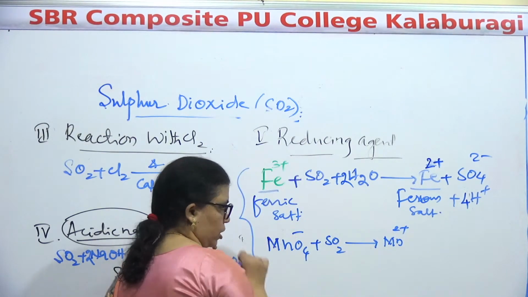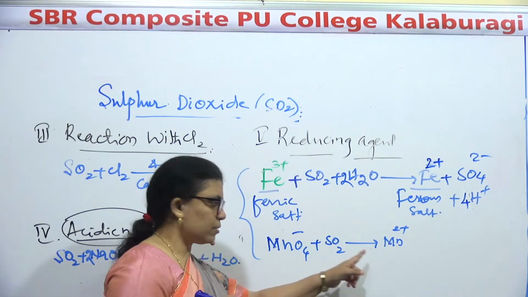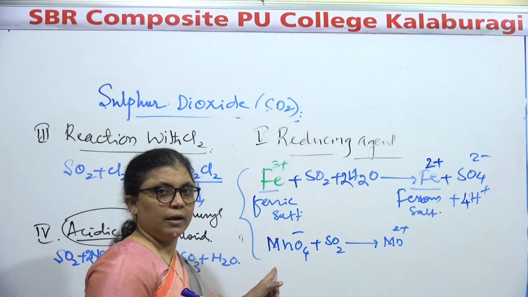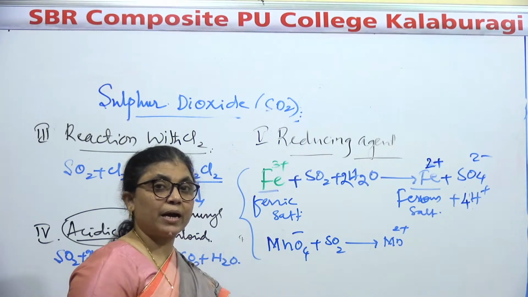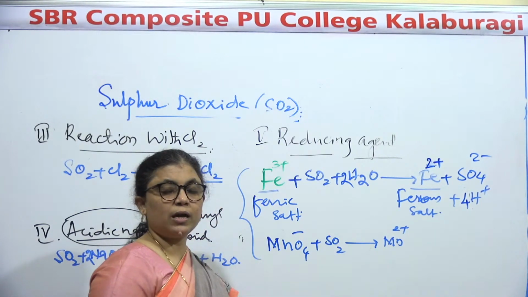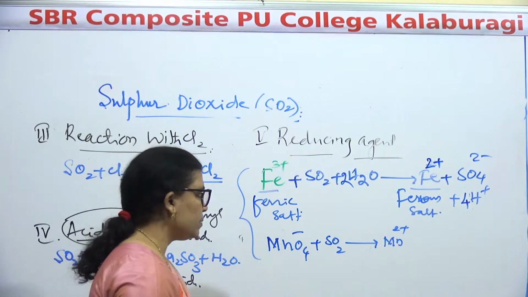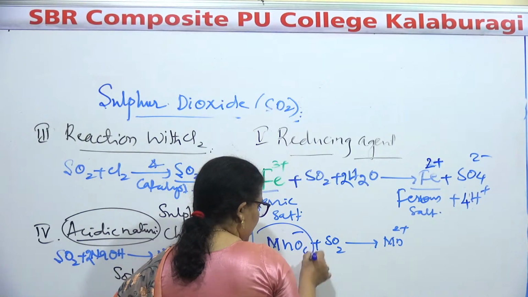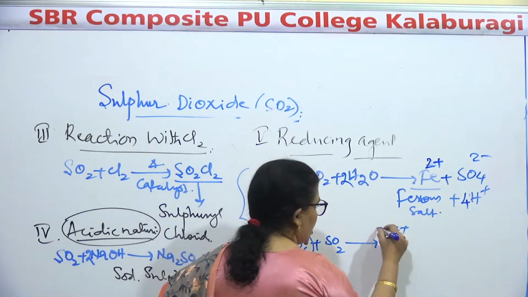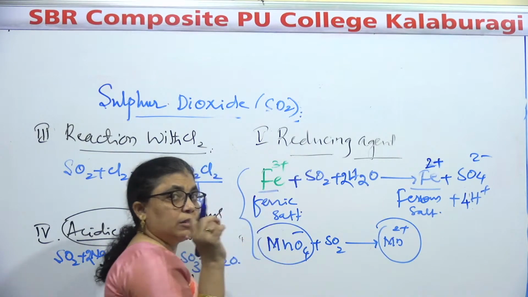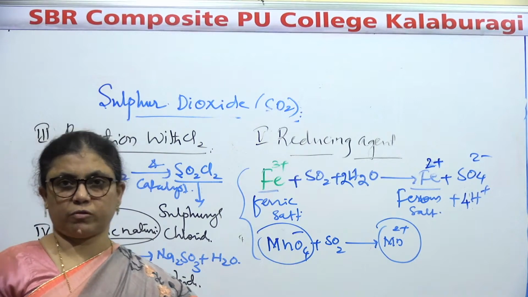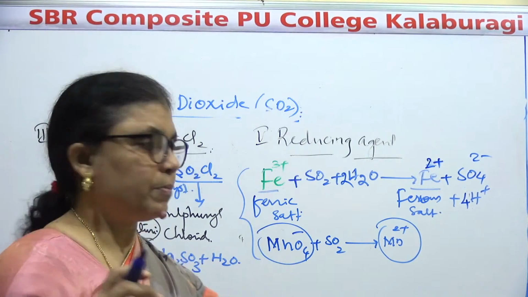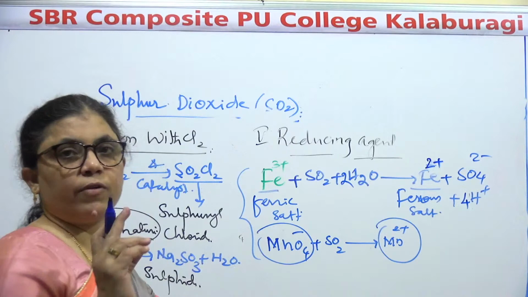These two reactions, I am writing as extra; this reaction is not mentioned in our NCERT syllabus. So potassium permanganate is converted into water and manganese sulfate. Here the permanganate ion is converted into Mn2 plus ion. This is also due to the reducing nature of sulfur dioxide. This completes the chemical properties of sulfur dioxide.